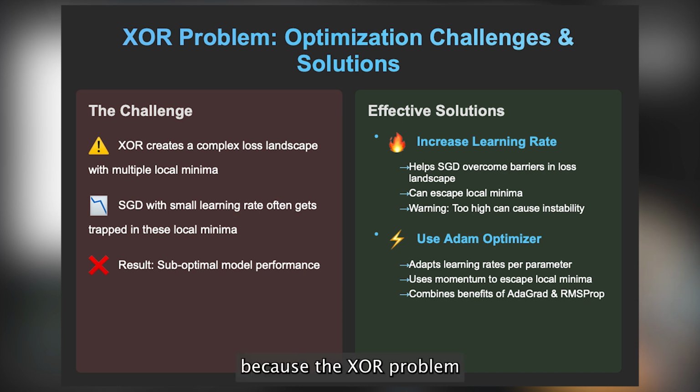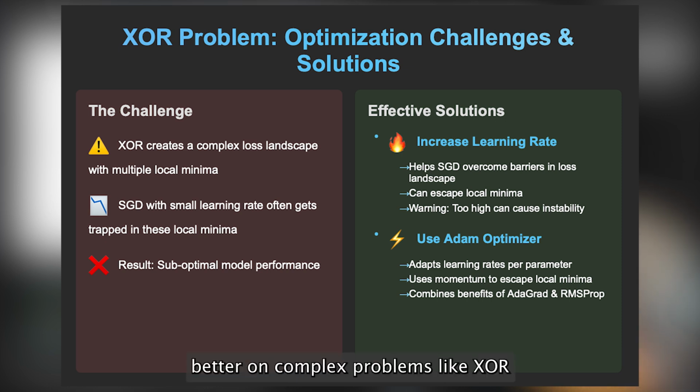This occurs because the XOR problem creates a complex loss landscape with multiple local minima. Stochastic gradient descent with a small learning rate often gets trapped in these local minima, resulting in suboptimal performance. Two effective solutions we can use: increase the learning rate as we saw, or use the Adam optimizer.